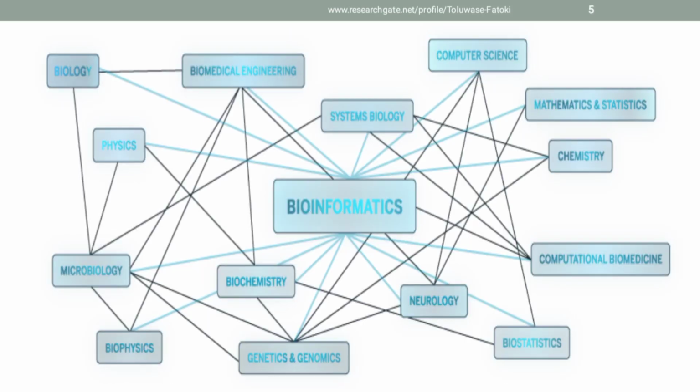Okay, as I have said, bioinformatics is an interdisciplinary course which involves molecular biology, biochemistry, microbiology, systems biology, chemistry, computer science, and also mathematics. And also we have biomedical engineering as well as biophysics. Then we can also talk about biostatistics.